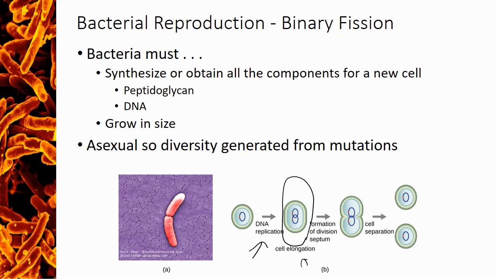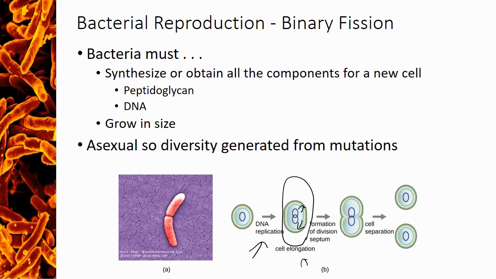In order to grow in size, the cell must be synthesizing all of the components of the new cell, including additional peptidoglycan as the cell wall is stretching, proteins for metabolism, and ribosomes and other internal structures such as inclusion bodies. As the cell elongates, it actually drags one copy of the DNA towards one side of the newly replicated cell, and the other copy towards the other, thus separating the copied genomes from each other.